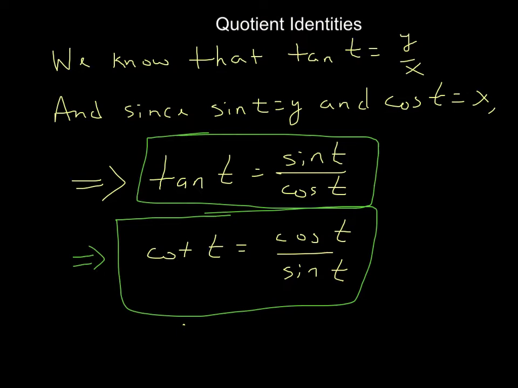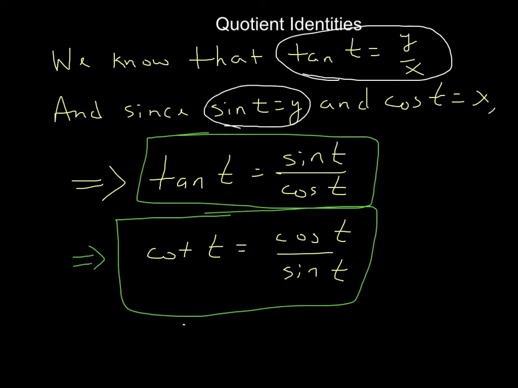Next are what we call the quotient identities. And again, going through this process, we know that the tangent of t is defined to be the y-coordinate divided by the x-coordinate. And since we know that sine of t is equal to y and cosine of t is equal to x, again, we can do some substitution, and that would lead us to the tangent of t really being the sine of t divided by the cosine.